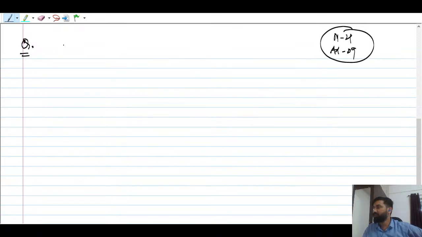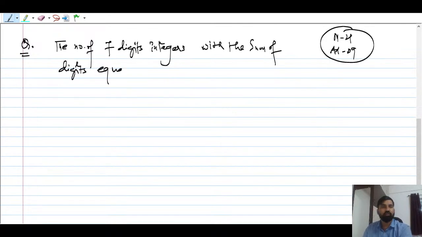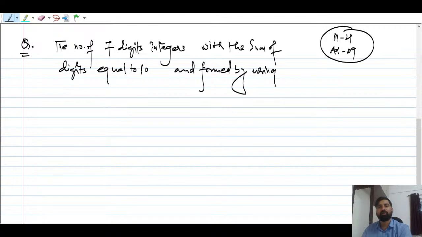The question here is: the number of 7-digit integers with the sum of digits equal to 10, and formed using 1, 2 and 3 only.